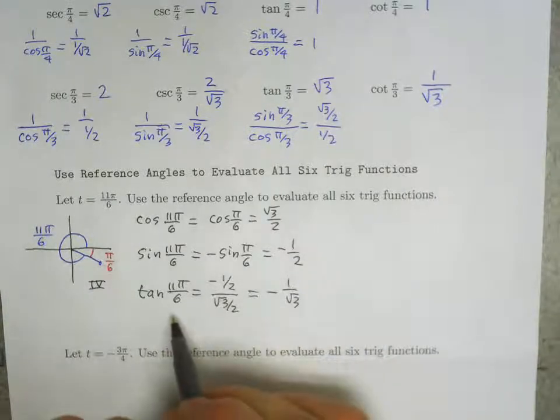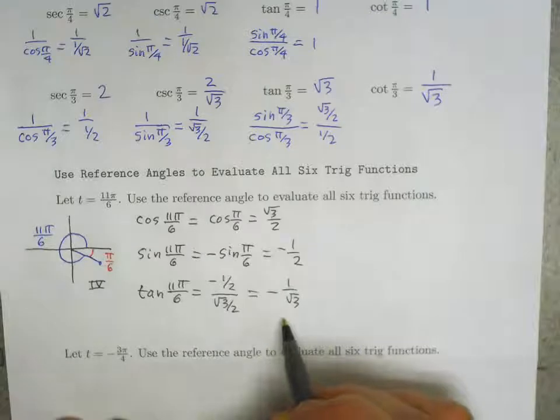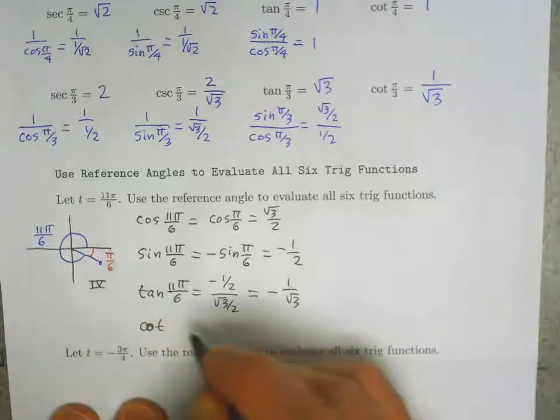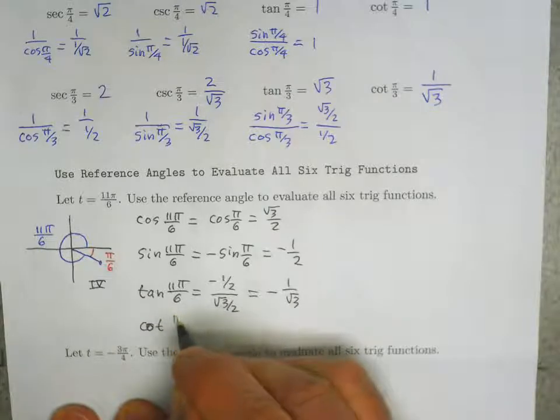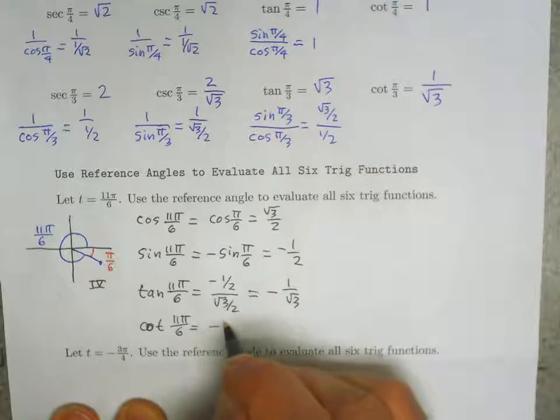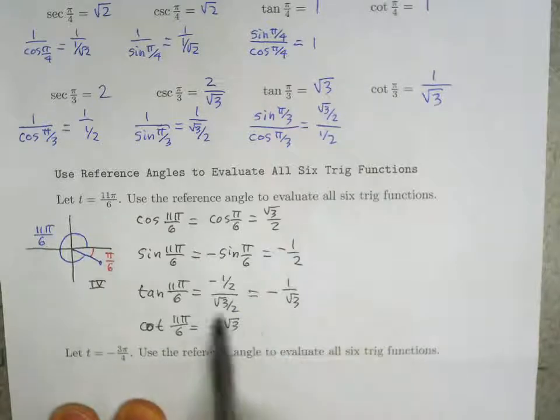Cotangent of 11 pi over 6 is the reciprocal of negative 1 over the square root of 3. So we'll just use that fact. Cotangent of 11 pi over 6 is negative square root of 3.